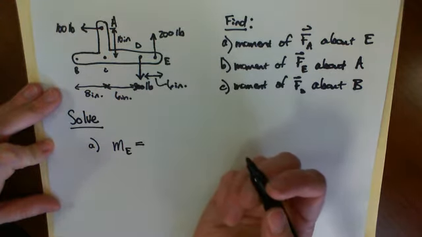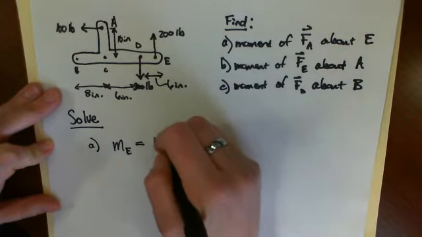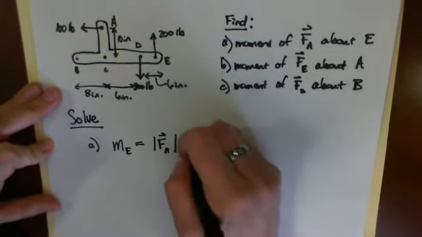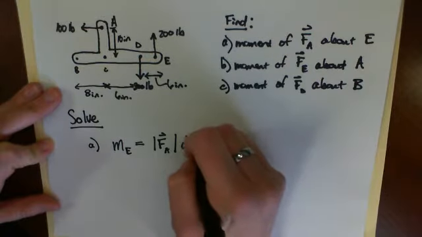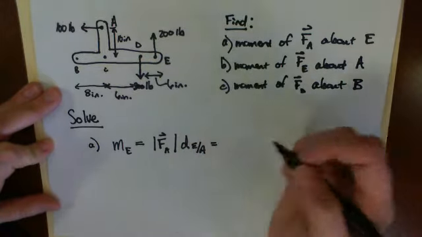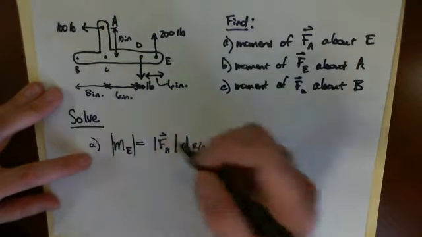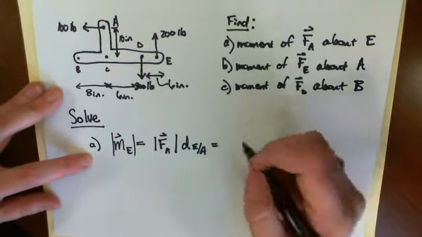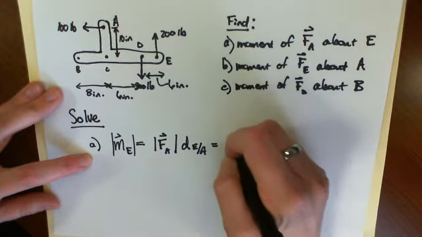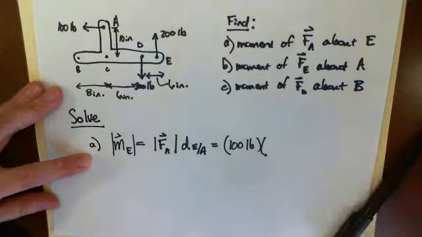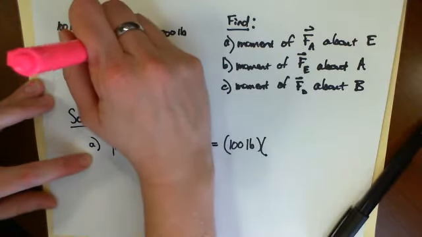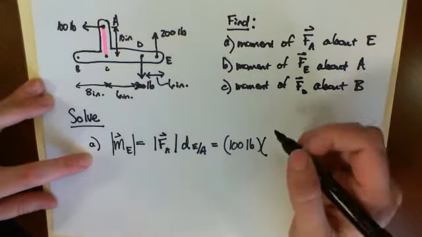So the moment about E is equal to the magnitude of the force at A times the perpendicular distance D between E and A. My force, and this is going to be the magnitude of my moment, the magnitude of the force at A is 100 pounds, and the perpendicular distance between E and A is this distance here, which is 10 inches.